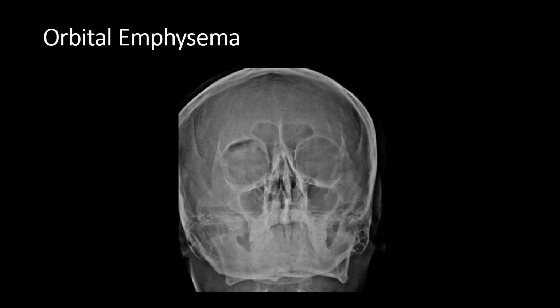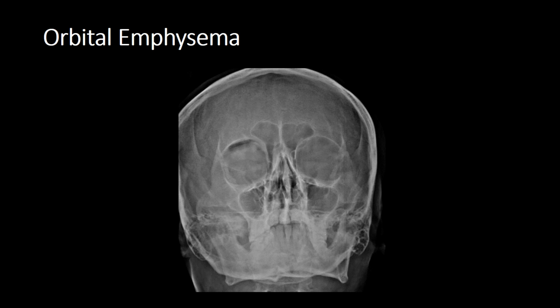Now, occasionally we get a black eyebrow sign. So the orbital floor fracture communicates with the maxillary sinus. The sinus contains air. So what happens is that air escapes from the maxillary sinus and it then migrates to lie inferior to the superior orbital margin, creating the appearance of a black eyebrow.